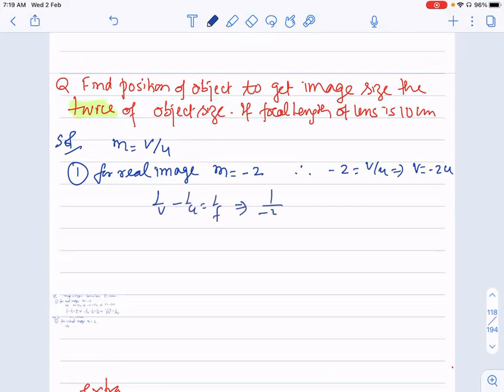v की value minus 2u put कर दी. ये u as it is. Calculate करना है. f is 10. 1 by 10.